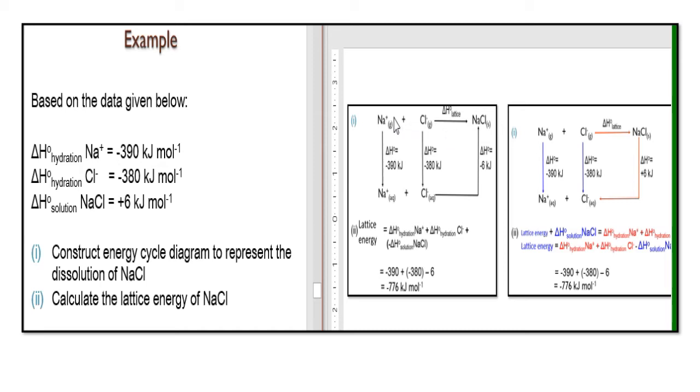You check, sodium gaseous ion forms sodium aqueous ion and then forms the solid chloride. So meaning that A plus B plus C equals D. That's why negative 390 plus negative 380, and then plus, here you have changed the sign already, negative 6. So straight away negative 6, so don't be confused over here.